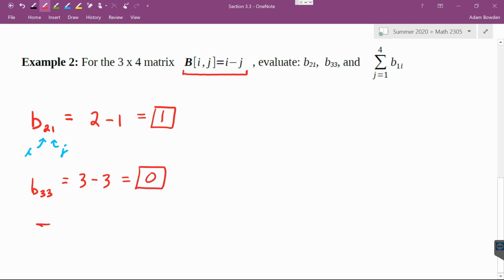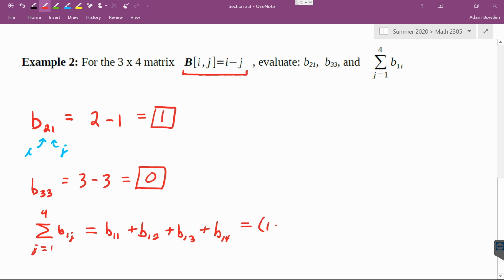And then if we want to find the summation, j equals 1 to 4 of B sub 1,j, we start off with B sub 1,1, plus B sub 1,2, plus B sub 1,3, plus B sub 1,4.